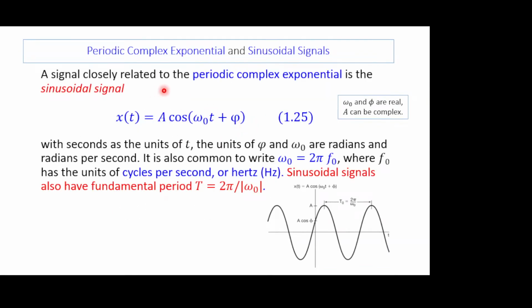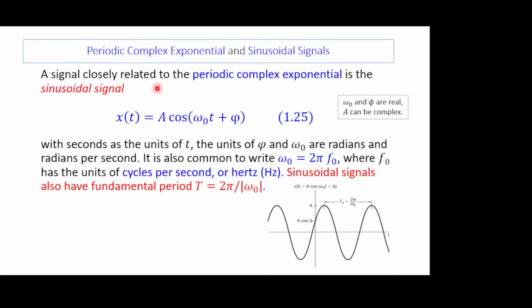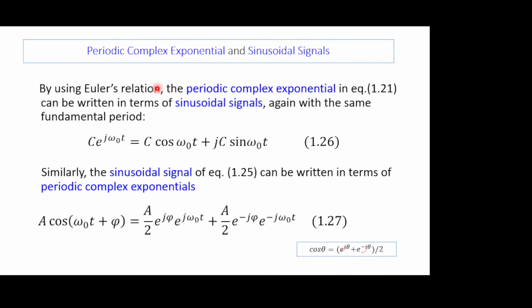And this omega naught should be real because it corresponds to the omega naught in the complex exponential, and this omega naught is real, even though it is the imaginary part. The coefficient of the imaginary part is a real number. Anyway, here we see one way to decompose our purely imaginary complex exponential into sinusoidal functions, and this is a direct application of Euler's relationship.